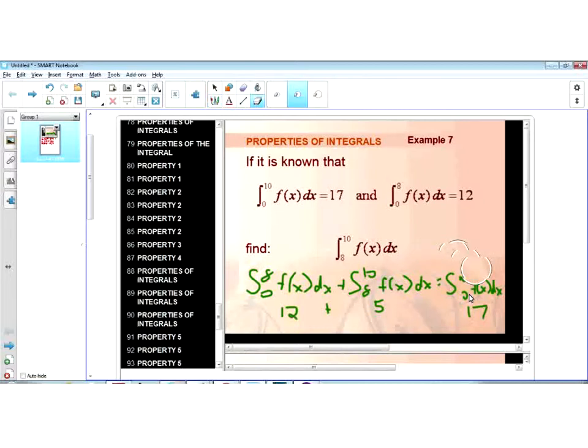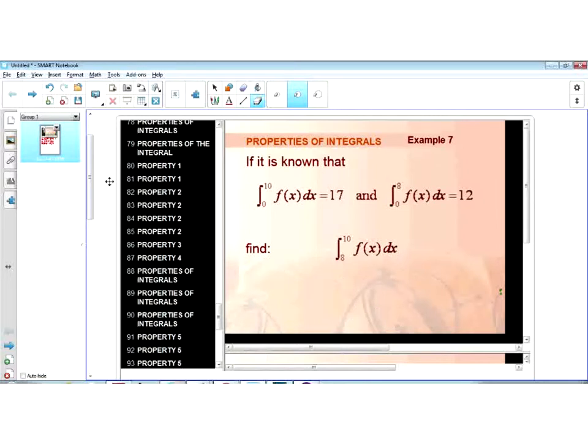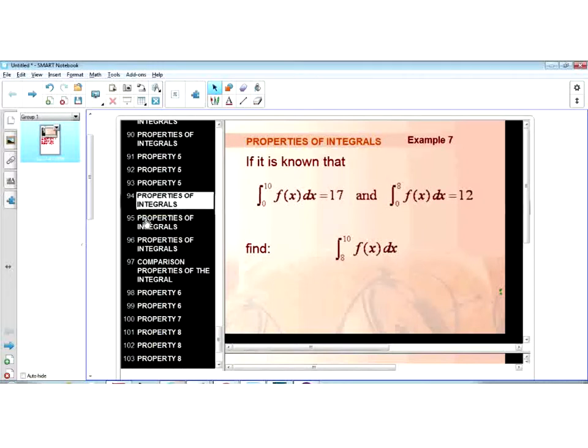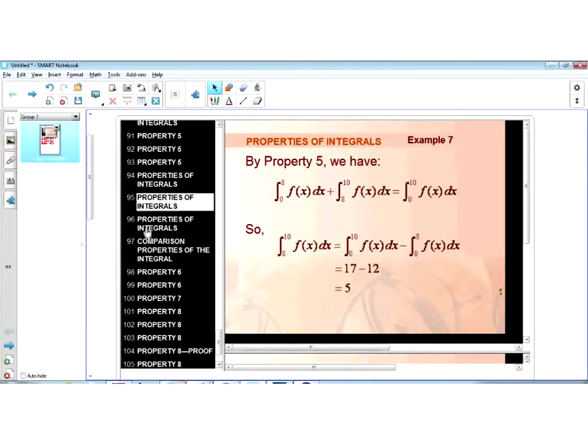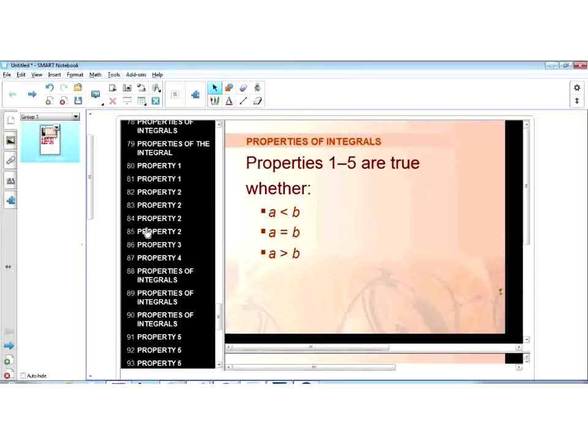So anticipate web-assigned questions like this, and most likely a final exam question like this as well. It's just like lining it up with the property. So slide 96.